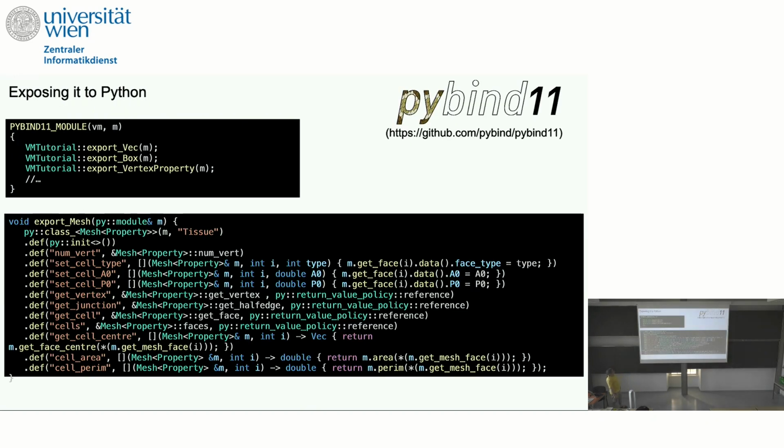Finally, there was a lot of C++ mumbo jumbo, so I don't want to lose the audience. What I want to do is expose all of this to Python, so the user can use a Python interface to access these data structures which live in C++. PyBind11 is your best friend to do this. It's by a professor at ETH, and it's based on Boost Python.